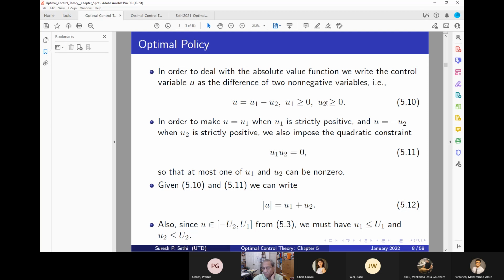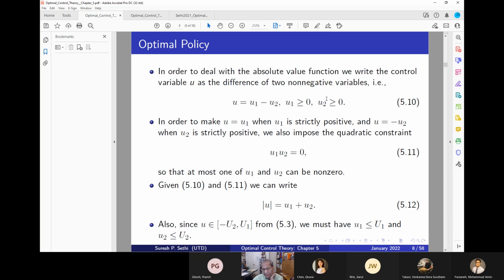U1 is bigger than 0, U2 is bigger than 0. But in order for me to change capital U into U1 minus U2, I need to have U1 times U2 equal to 0. That means I cannot have both positive at the same time.